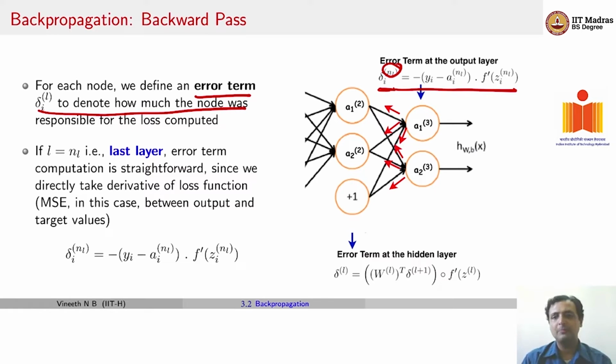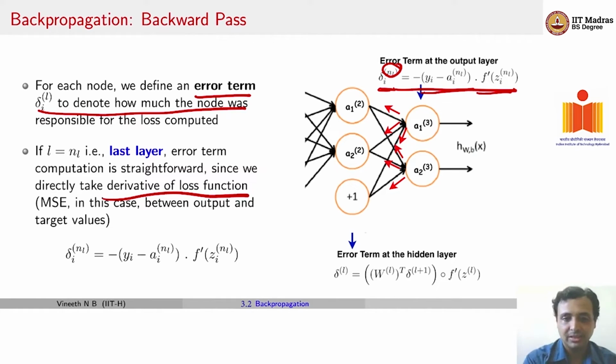delta_i is the delta or the error for the ith node in that layer. And the error term at that output layer is given by minus (y_i minus a_i^(N_L)) times f prime of z_i^(N_L). How did we get that? This is simply the gradient of the mean square error. Remember, we said we are taking mean square error as the loss function. We simply take the derivative of the mean square error.